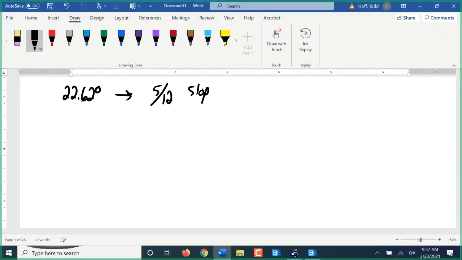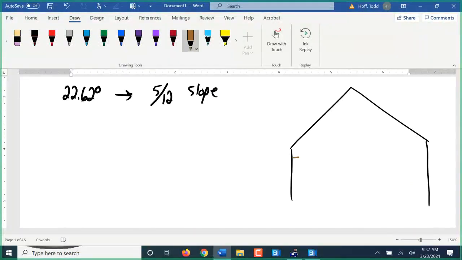So let's say we are sheeting a gable end, and I'm going to leave the overhangs off here just to simplify this. I've just done a row of sheeting across here, and let's say we are 14 inches below this corner here.